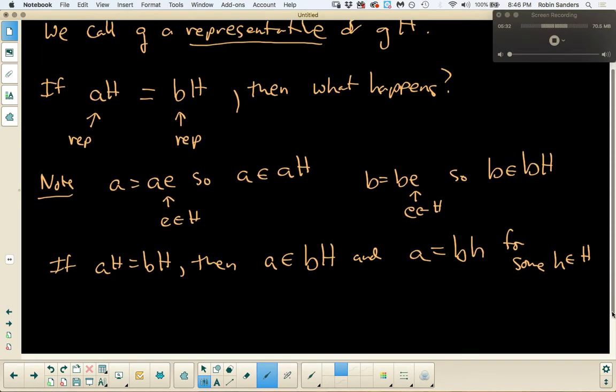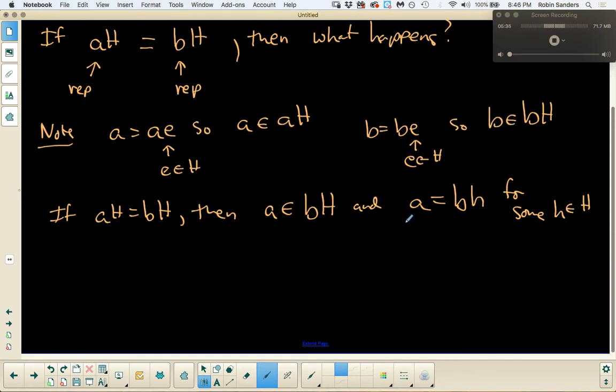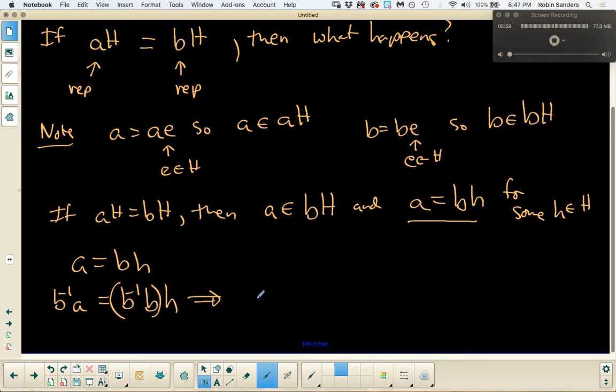Now what I want to notice is that I can take this particular equation and pre-multiply it by b inverse. And when I do, I get this lovely little fact, which says that b inverse times a is equal to eh, and that's just h.